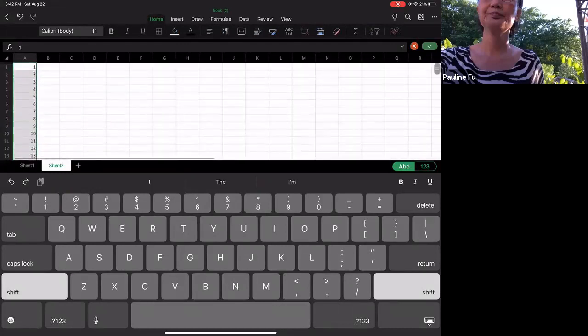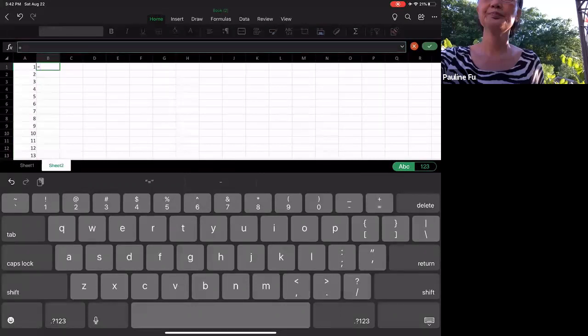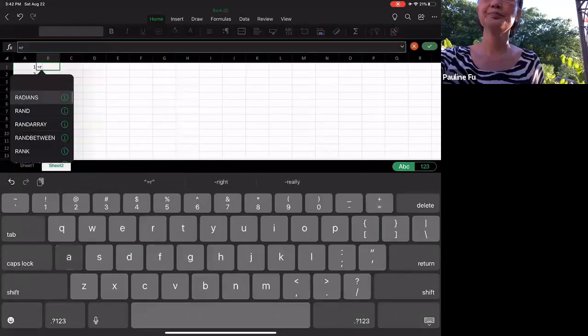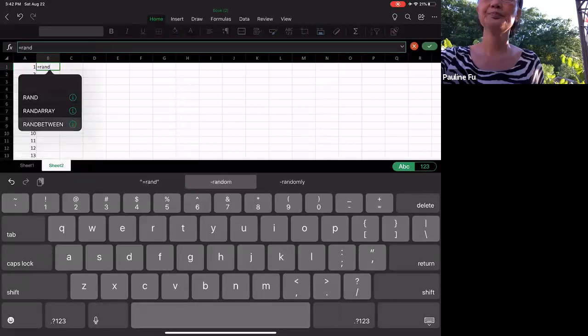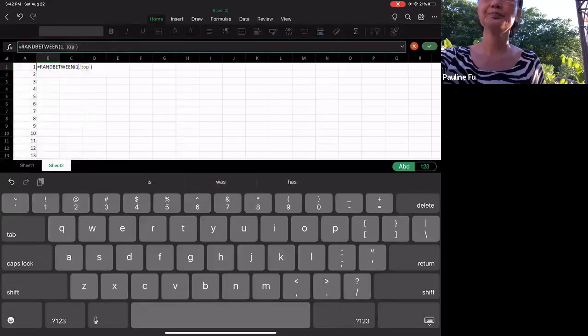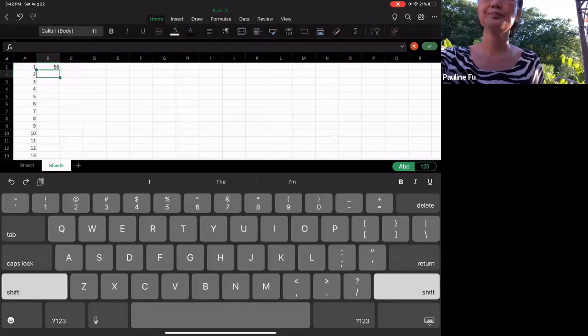And then I will use a random number generator, okay, to select 5 random numbers between 1 and 100. So in Excel, I will type in equal rand between 1 to 100. And then I use this method to create 5 random numbers.